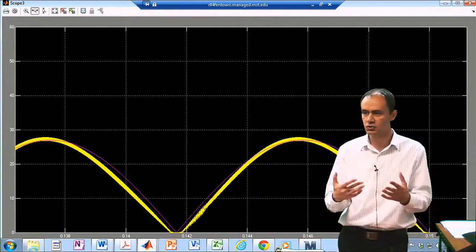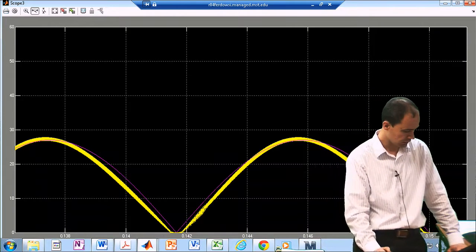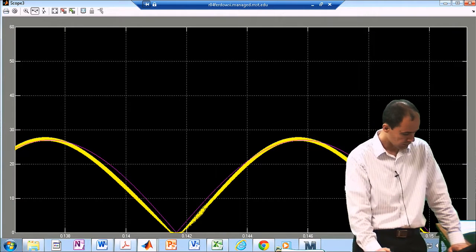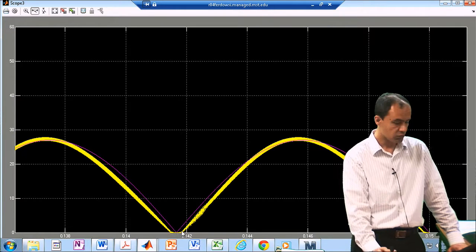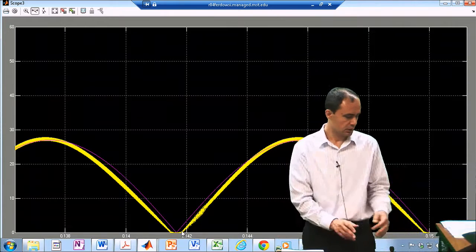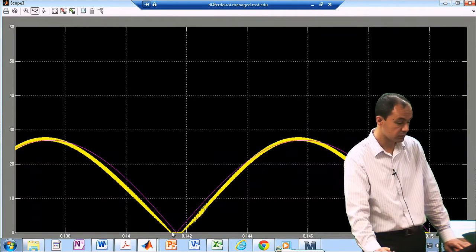So you can visually compare them and see how close you are in achieving your ideal sinusoidal current. You're relatively close. There are some areas that you are not close, which is, first of all, when your voltage is crossing zero, your current is almost zero. There is a little bit of an offset over here.